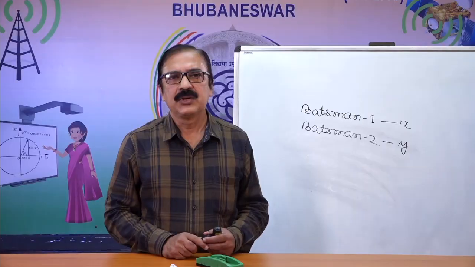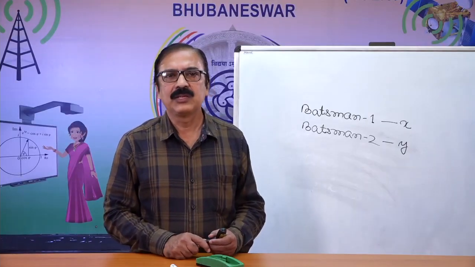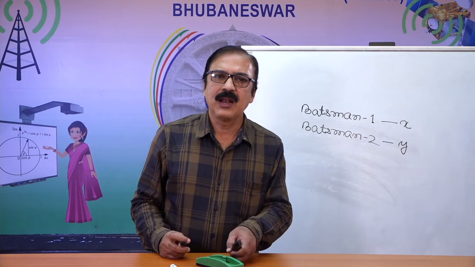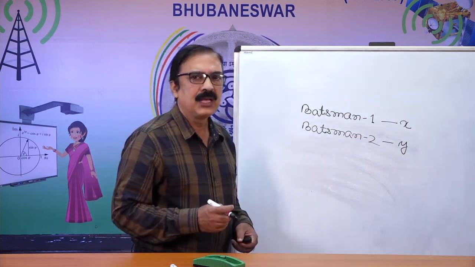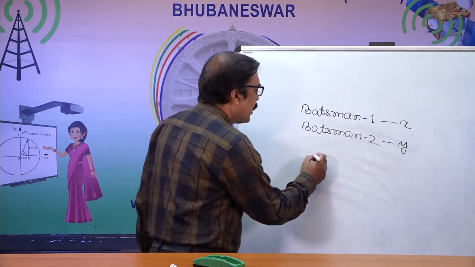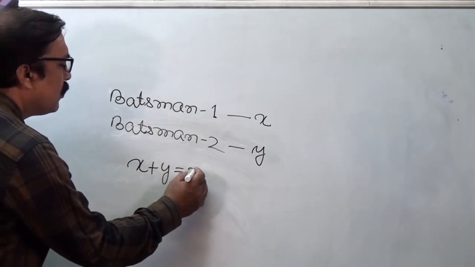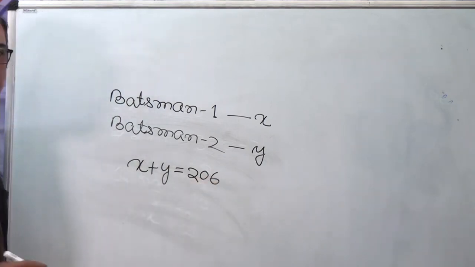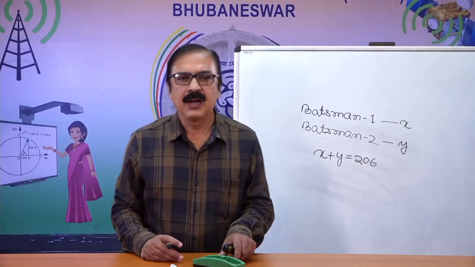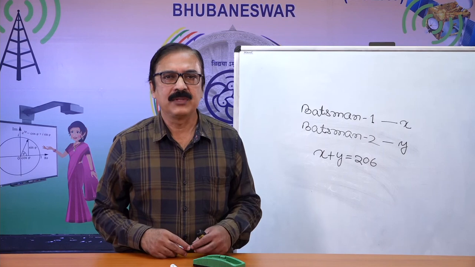That means the sum of their scores is 206. So we can write the equation as X plus Y is equal to 206.